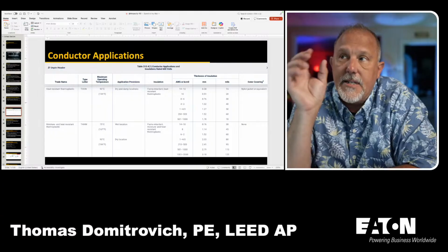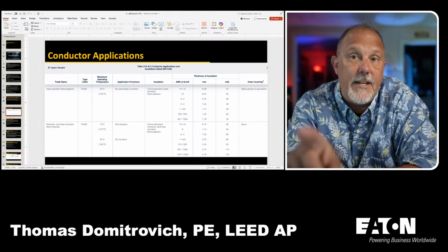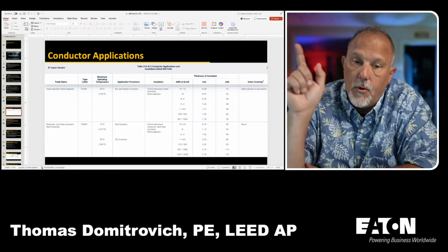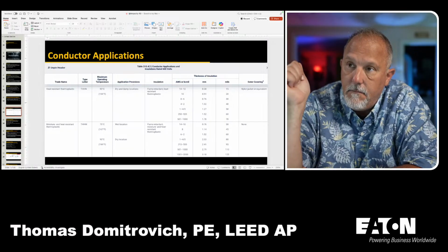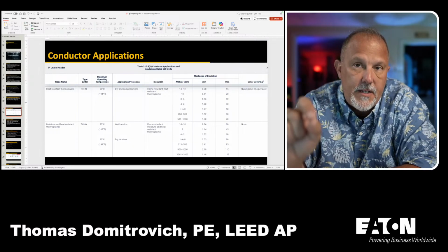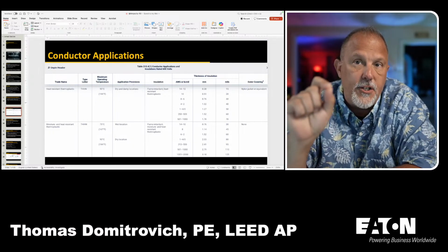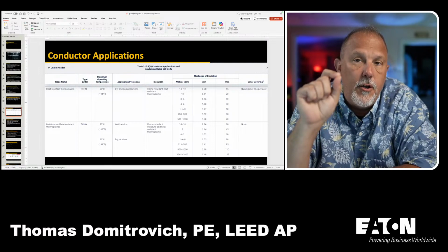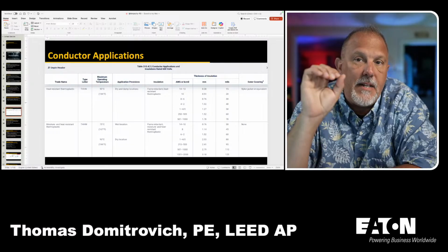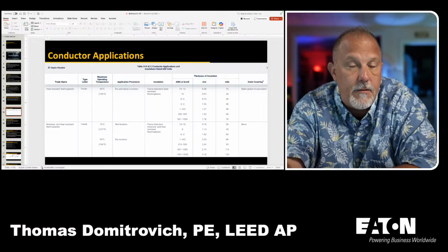But this is a very important thing, and here's where it's important from an ampacity perspective. Whenever you do your adjustments and correction factors, you're going to do those adjustments and corrections based upon the temperature rating of the insulation.